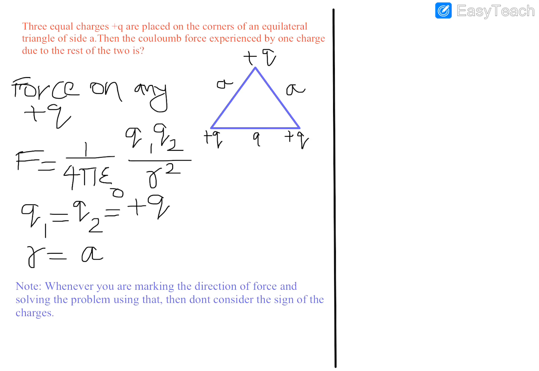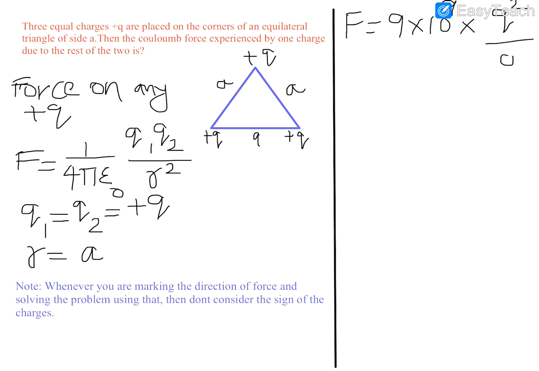Now let us again come back to the problem. So here all the data are given. Now if you find the force, you can substitute all those values and you can find the force. What you will get? 1 by 4 pi epsilon 0, that is a constant. You already got it, 9 into 10 raised to 9, into q1 q2, which is q into q, q square by r square.